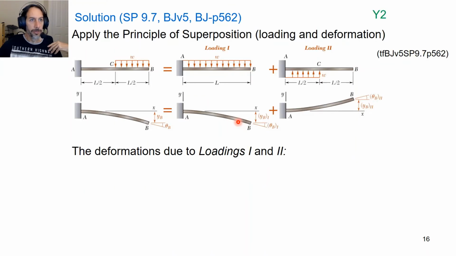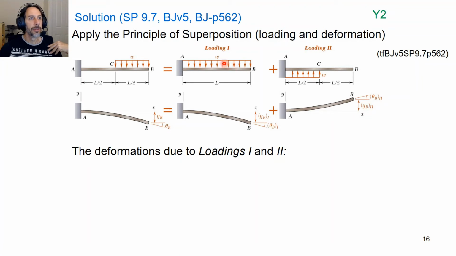What we can do is note that this loading is equivalent to having the loading distributed across the whole length, and then between A and C, a distributed loading in the opposite direction.